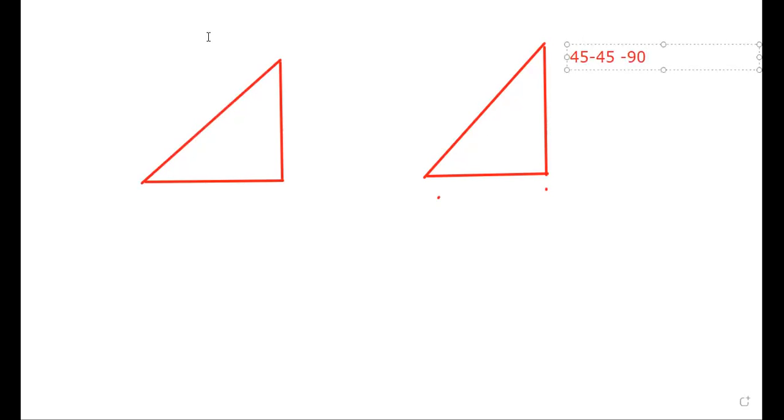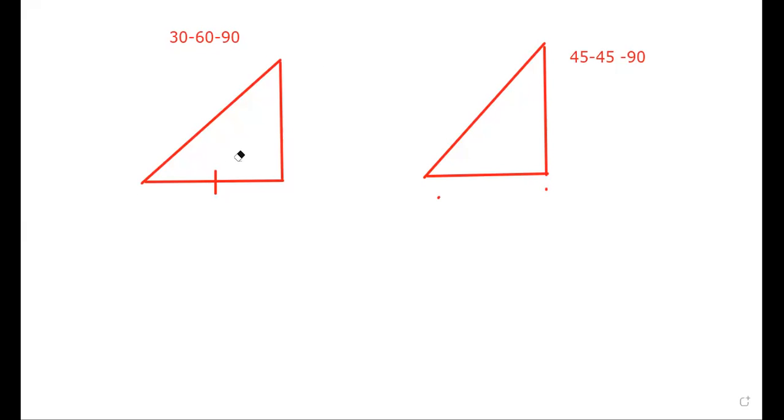Well, the second special case, it was 30, 60, and 90. So the special case here in this one, I have this side equal this side.